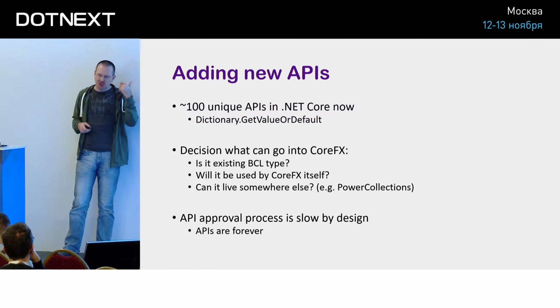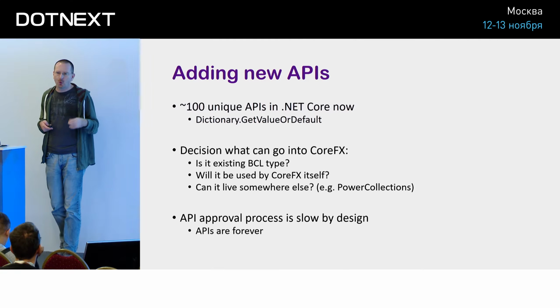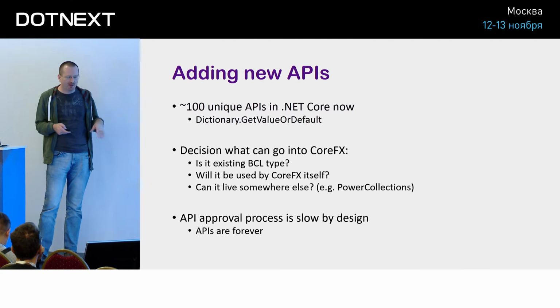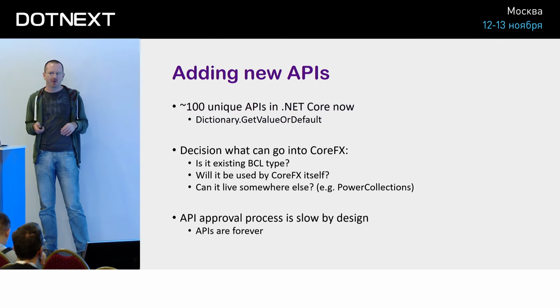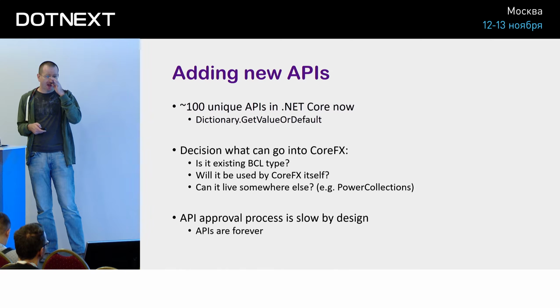It's actually intentionally a little bit slow, just to give people time to think it through, especially if it's not a slam dunk. We had APIs approved in under one or two weeks, but those are cases where everyone looks at it and says, yep, that's it. Oftentimes you would be surprised.